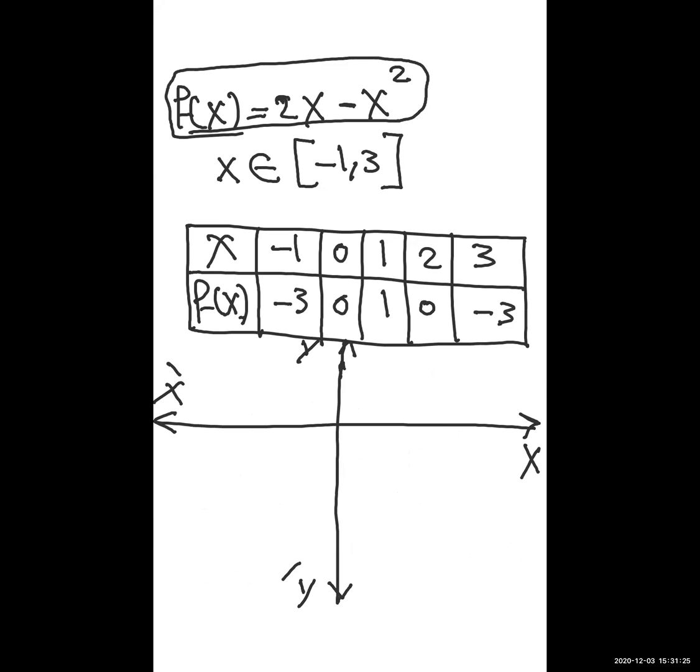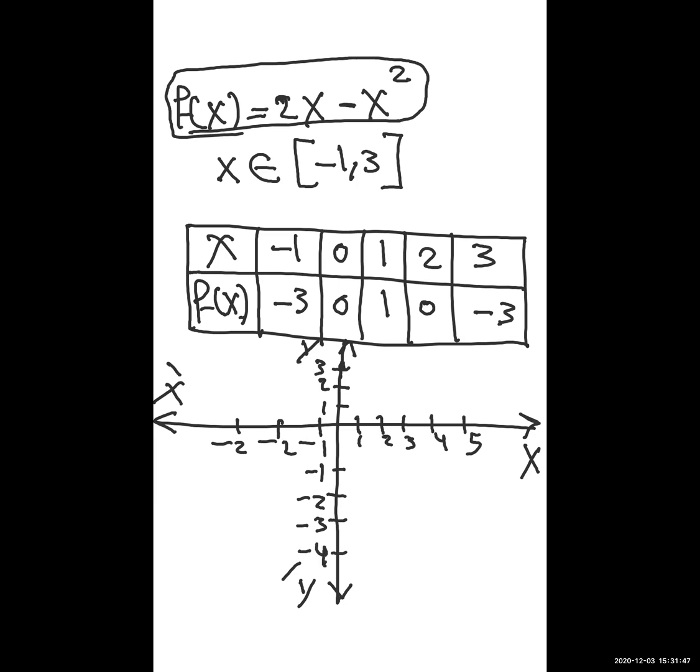Okay. Here 1 and 2 and 3 and 4 and 5, -1 and -2 and -3. And here 1 and 2 and 3 and -1 and -2 and -3 and -4.